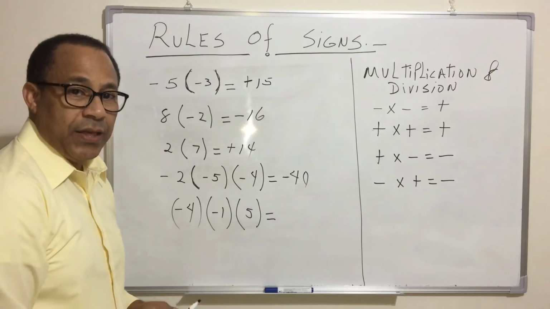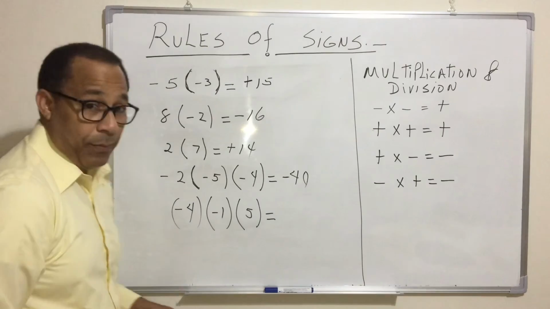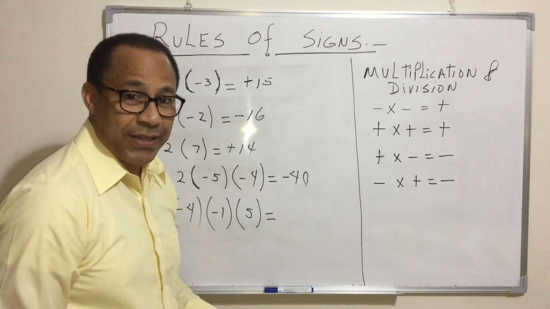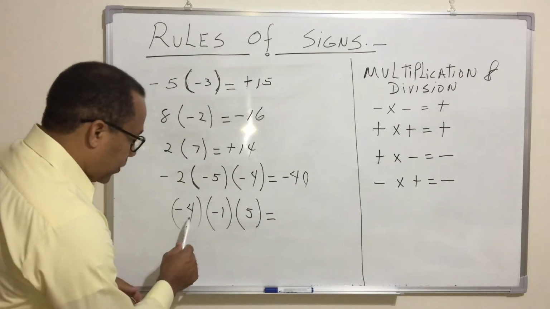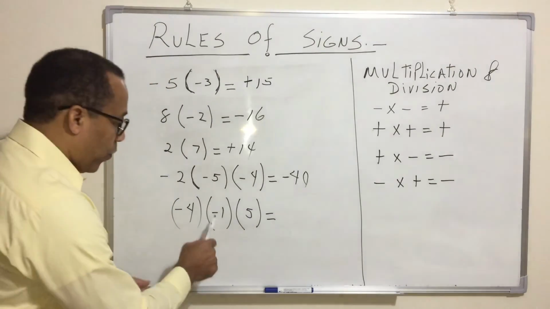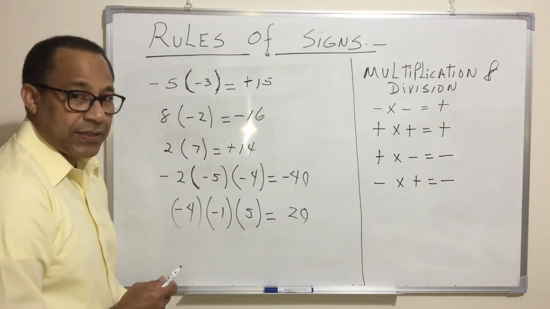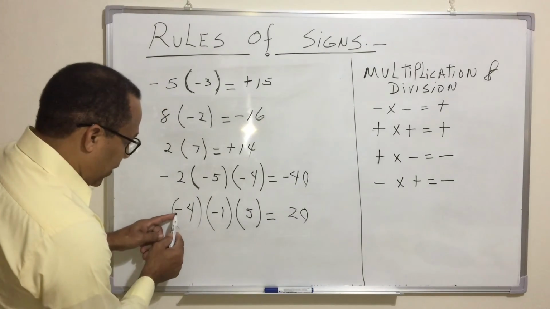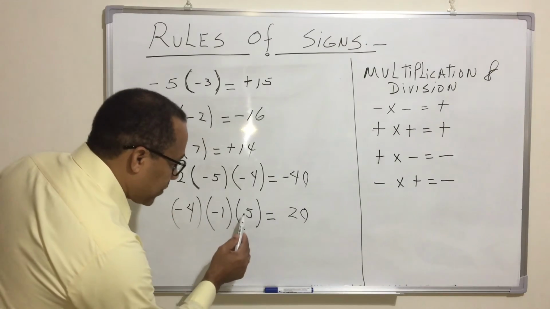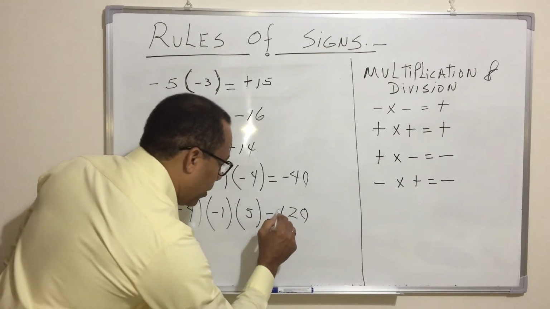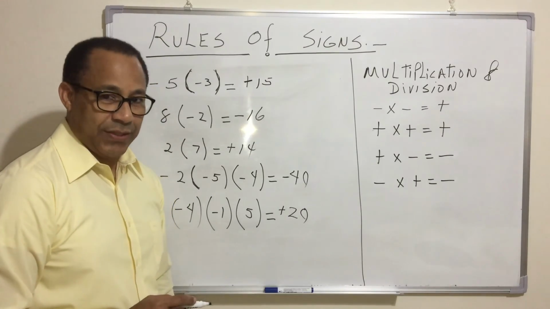If they are multiplying, I'm just going to multiply the numbers, and forget about the signs now, because I just need the result for the number. 4 times 1 is 4. 4 times 5 equals 20. I got the number. Let's get the sign now. Negative times negative equals positive. Positive times positive equals positive. So the result is positive 20.